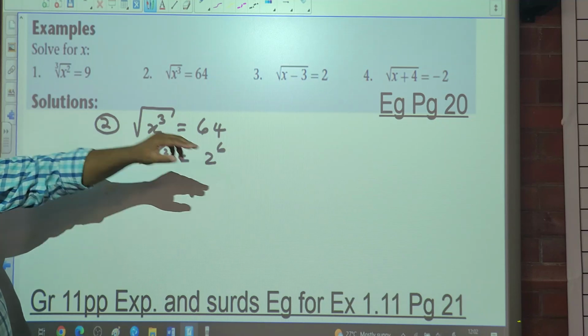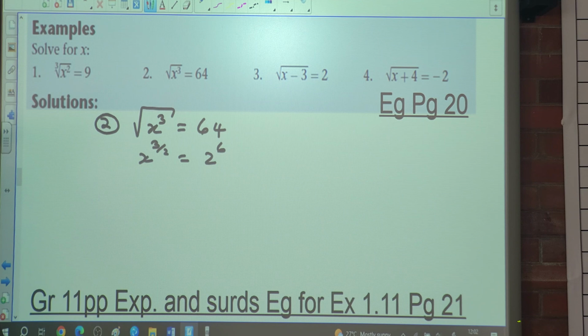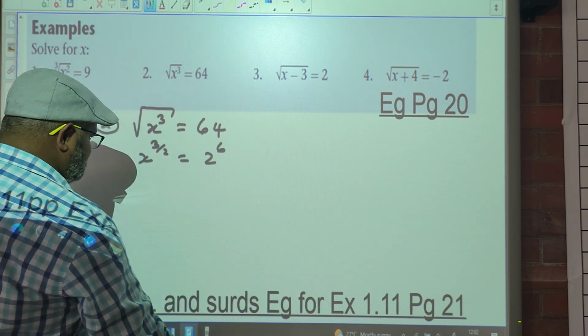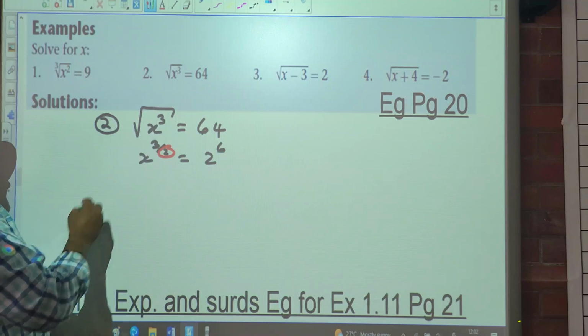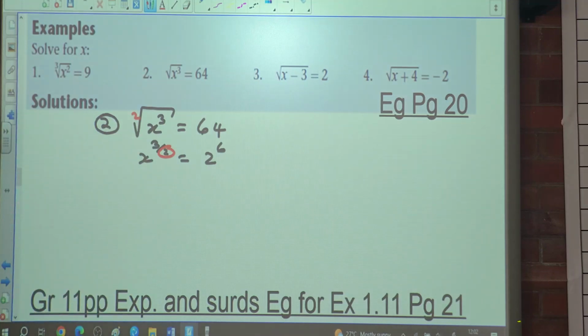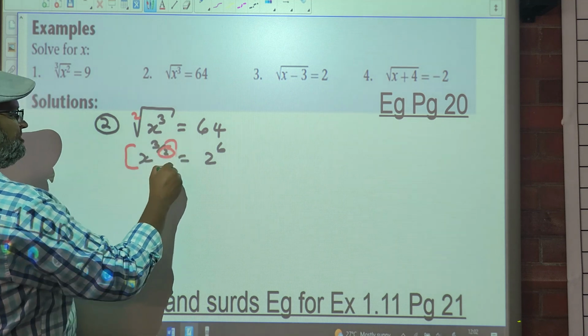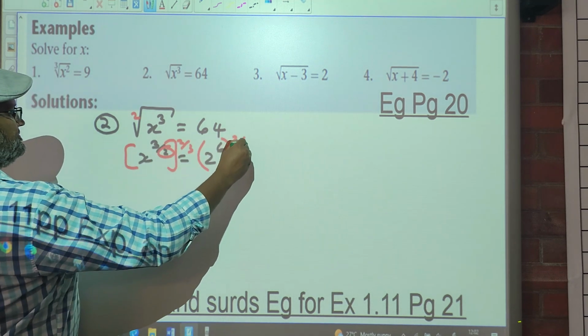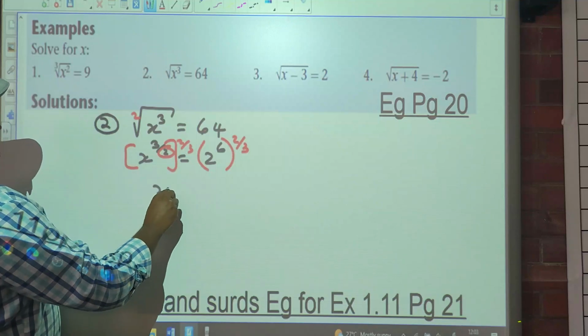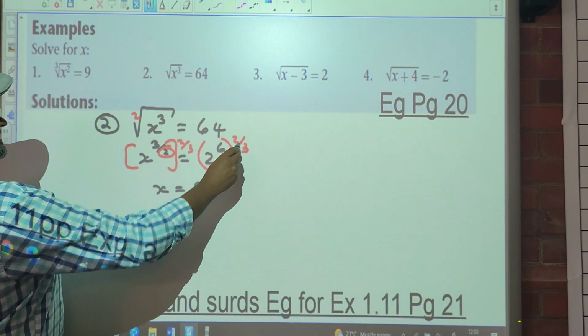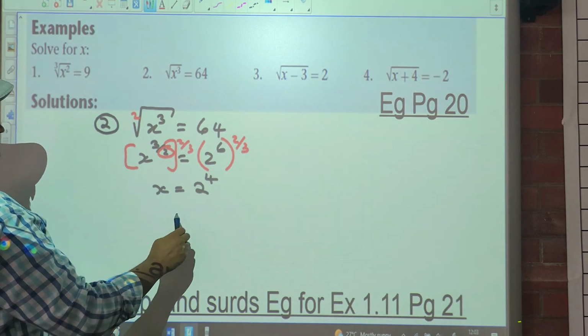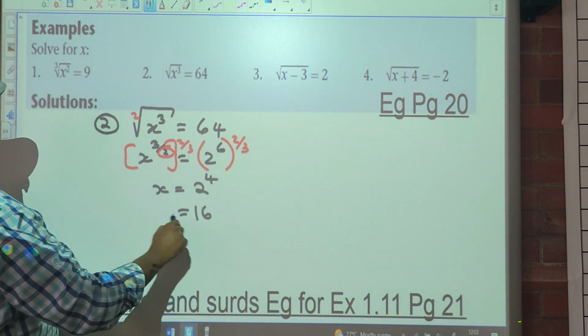The number must be positive. So what do I do? She's asking where this 2 comes from. Who can tell her? The square root. So I raise it to the power 2 over 3. So x is equal to 2. Now 6 times 2 over 3 is 4. 2 to the 4 is?